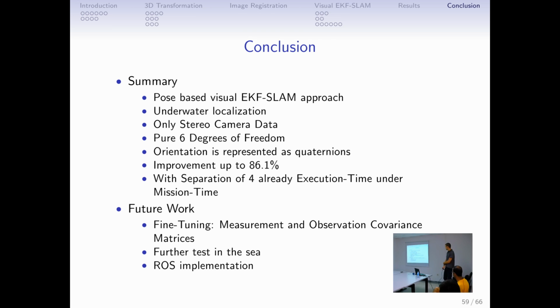And with a separation of 4, which still provided good results, the execution time was under the mission time, which is important for autonomous underwater vehicles. My future work is fine-tuning the measurement and observation covariance matrices to get even better results, further tests in the sea, and the ROS implementation to provide this approach to the whole scientific world.